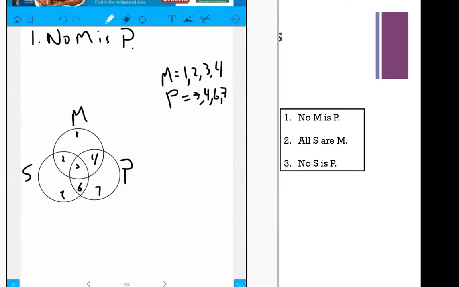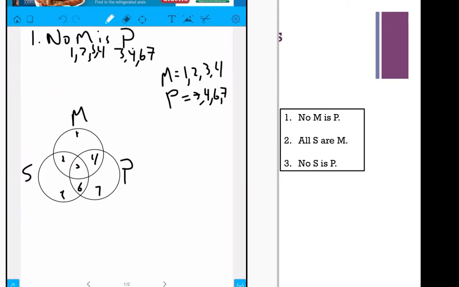So the first thing we do is we're going to diagram the premise number 1. And so 1, 2, 3, and 4, and 3, 4, 6, and 7.